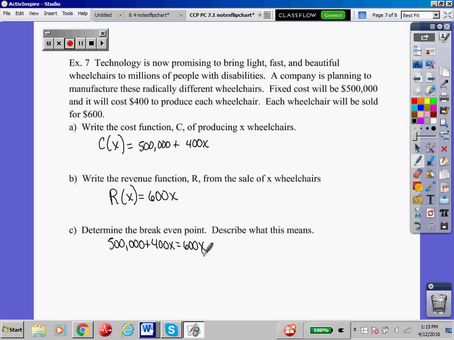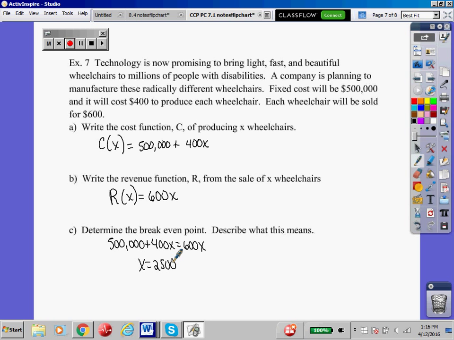So let me give you a head start. Subtract 400x from both sides, and then divide by 200. So I'm getting x is 2,500.